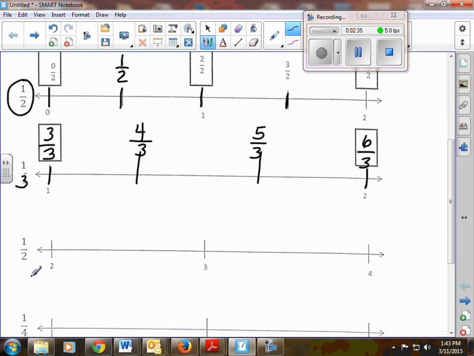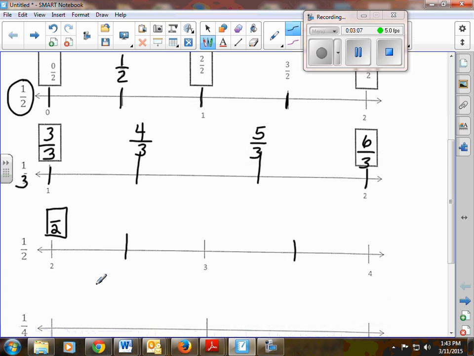This is 1/2, okay? So let me give you a little hint. Always look at where your number line's starting. It's starting at 2, and it's ending at 4. We need to split this into halves, so we're going to equally mark out the place between the two whole numbers as half of space between, okay? This is 2 halves.